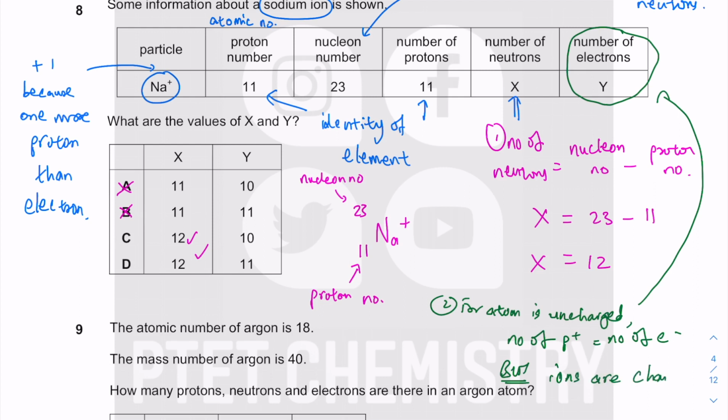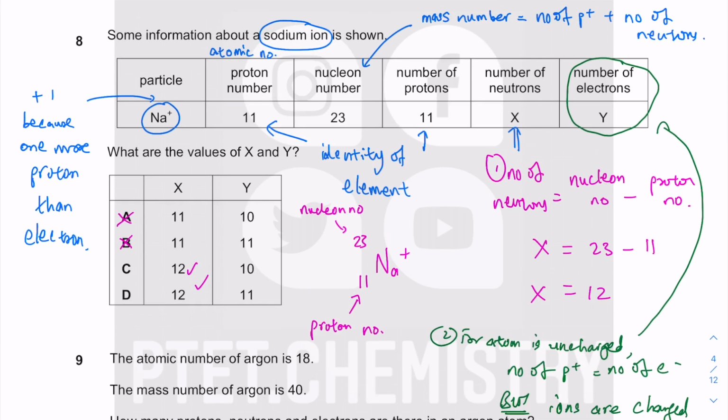Have a look at the question carefully and you will see that it is charged. It has a charge of +1, so I must have one more proton than electron. So if I have 11 protons, that means I must not have 11 electrons. I must have only 10 electrons. Then I will have 11 protons, 10 electrons.